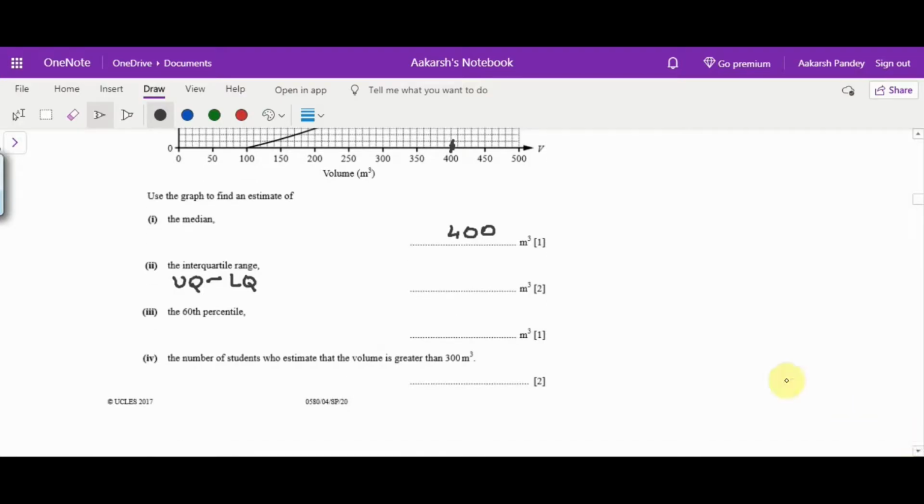I'll take the difference of those two and I'll get my interquartile range. For the 60th percentile, what I need to do is, 60 by 100 times the total data, 200. So my 120th term.